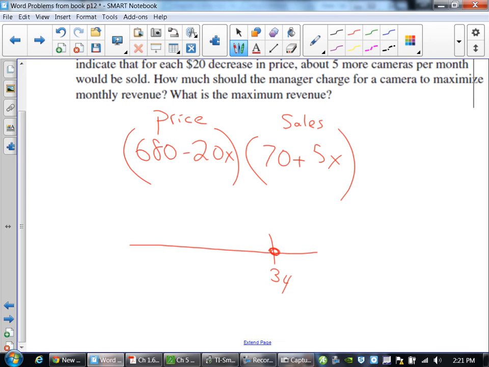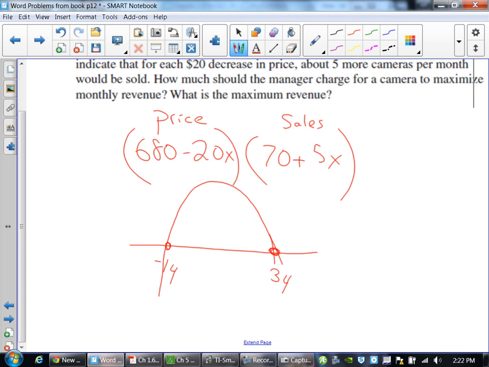What's 70 divided by negative 5? It has zeros at negative 14 and positive 34. I know it's negative. I know it's down like a frown because minus 20x for decrease plus 5x in sales, so my x squared term winds up being downward.